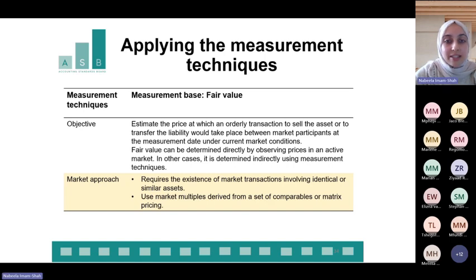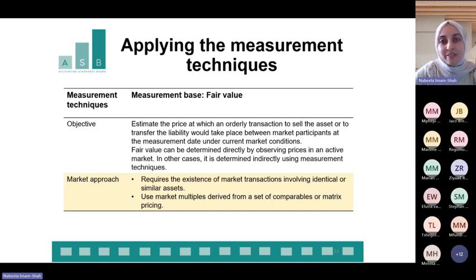Fair value can be determined directly by observing prices in an active market. In other cases, it is determined indirectly using measurement techniques. IPSAS 46 requires that entities maximize the use of relevant observable inputs and minimize the use of unobservable inputs.